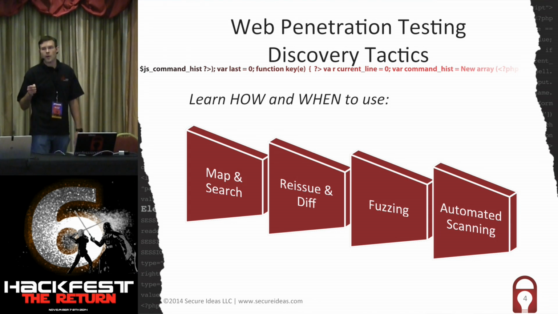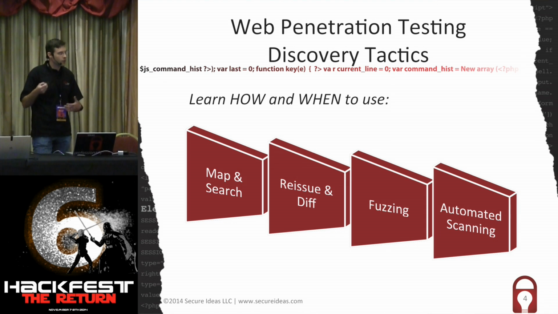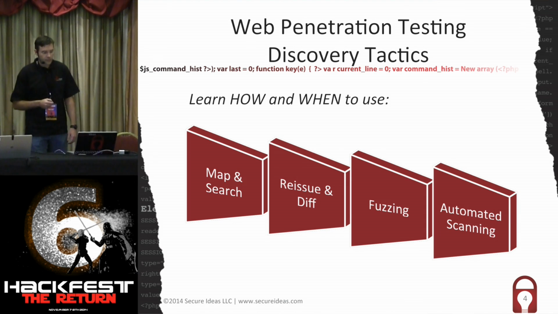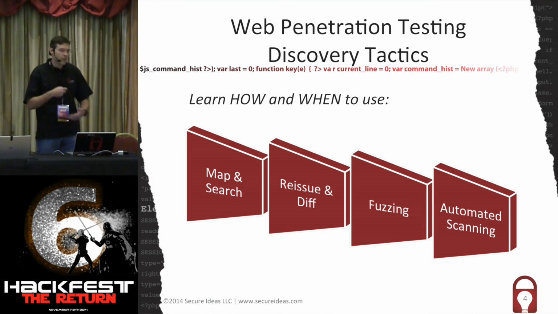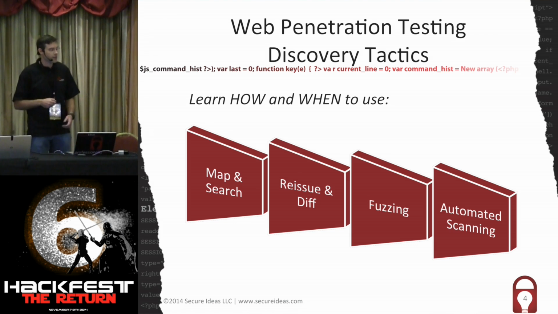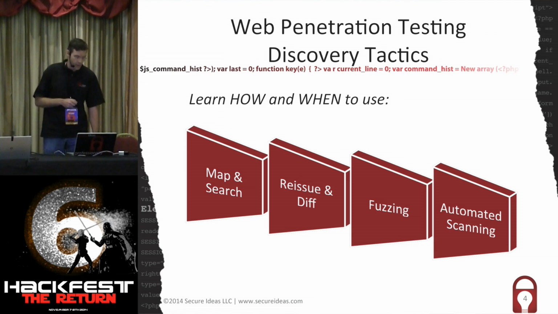You need to know how to map out a web application and understand how it works. And then you need to be able to search over those results. You need to understand how to take a web request and then reissue that request and check the different responses that you get when you manipulate the input values, the parameters, cookies, so on and so forth.